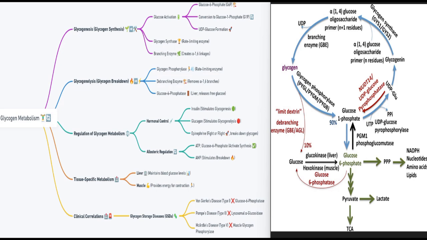And from glucose 1 phosphate, UTP comes in. You get your pyrophosphate, and under the influence of water, pyrophosphatase forms 2 inorganic phosphates. But from glucose 1 phosphate, UDP glucose pyrophosphorylase can convert the glucose 1 phosphate to UDP glucose.